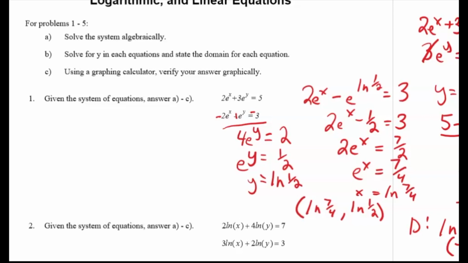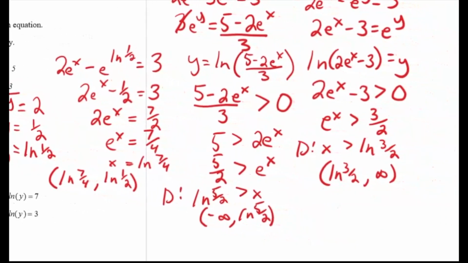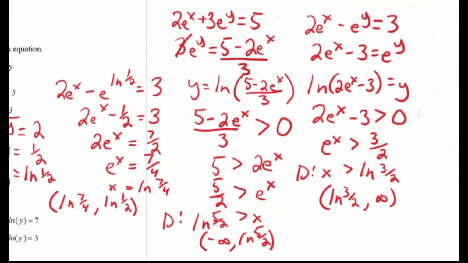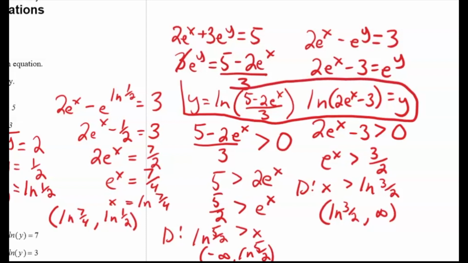But then to actually put them into the graphing calculator and solve them graphically, you would need to use this equation and that equation, and let those be your y1 and y2, and see where they intersect each other. So let's go do that now.